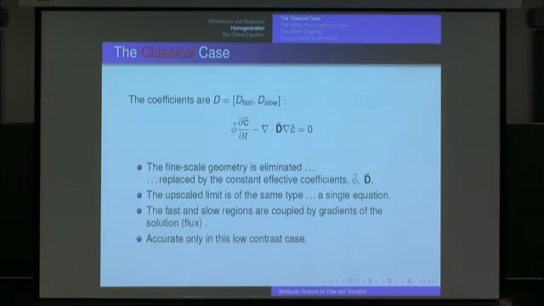And by the way, the coupling there is both through the concentration and through the gradients. It's a point that's worth mentioning here because I'll refer back to that later.